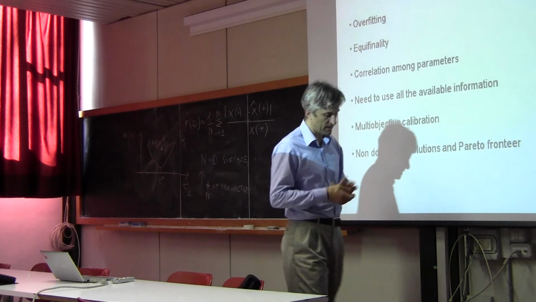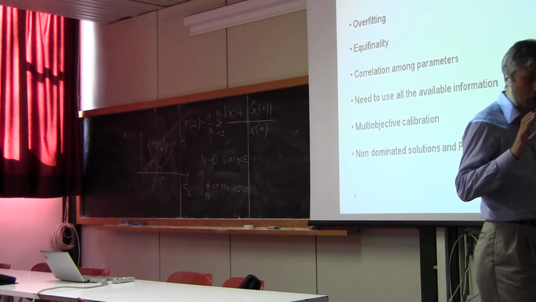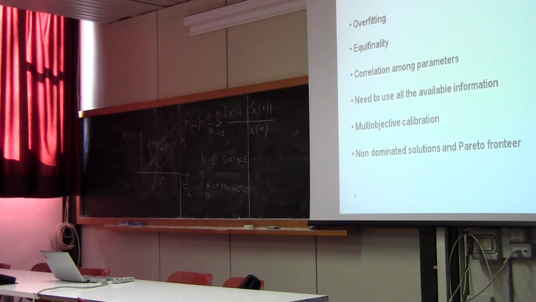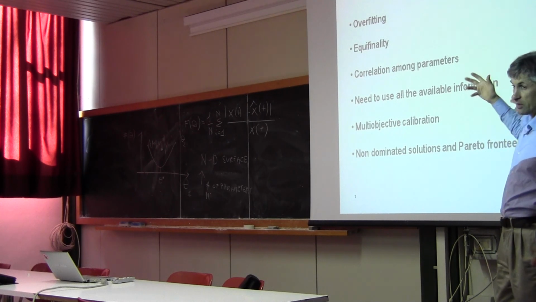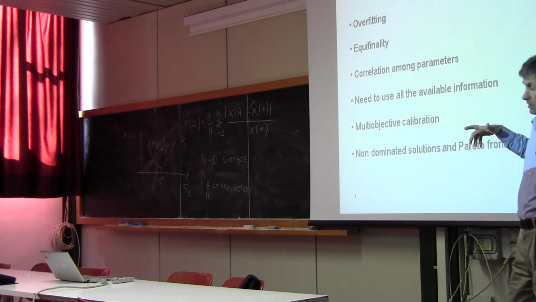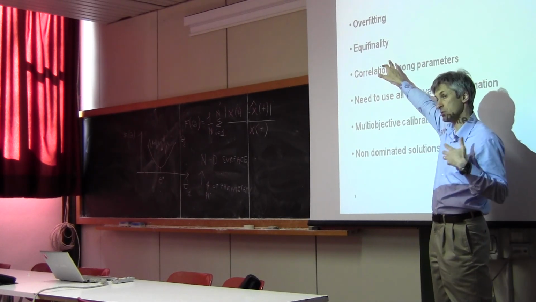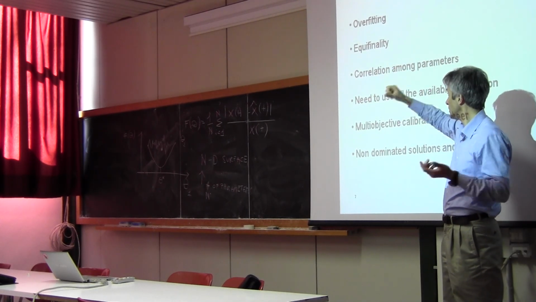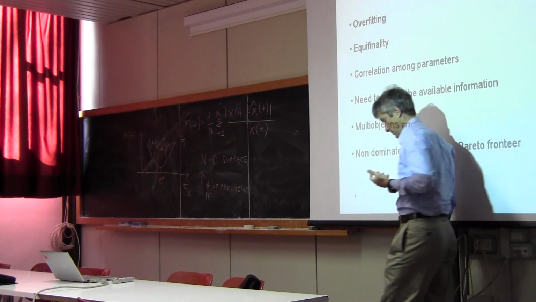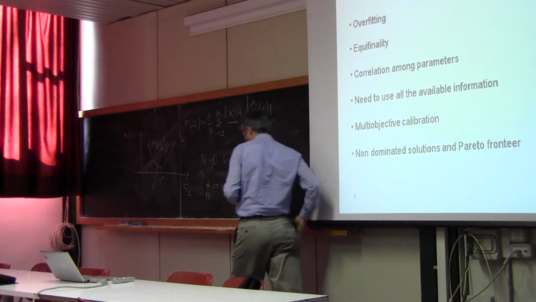Now, there is the problem of how to solve these calibration difficulties, how to be able to distinguish between two parameter vectors that are equifinal. And this is an open issue.